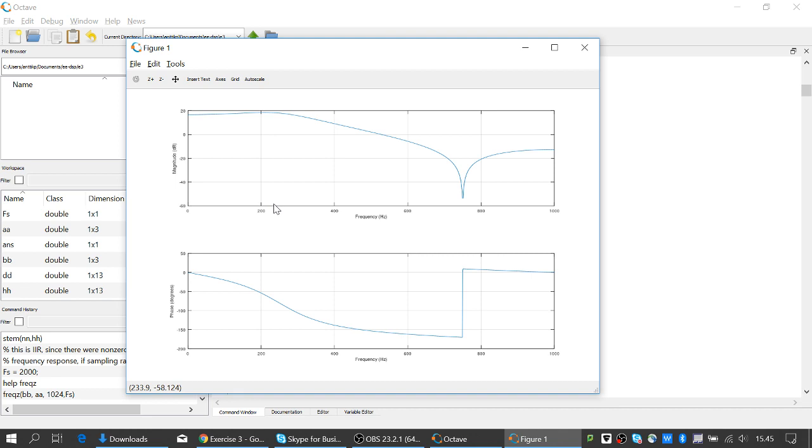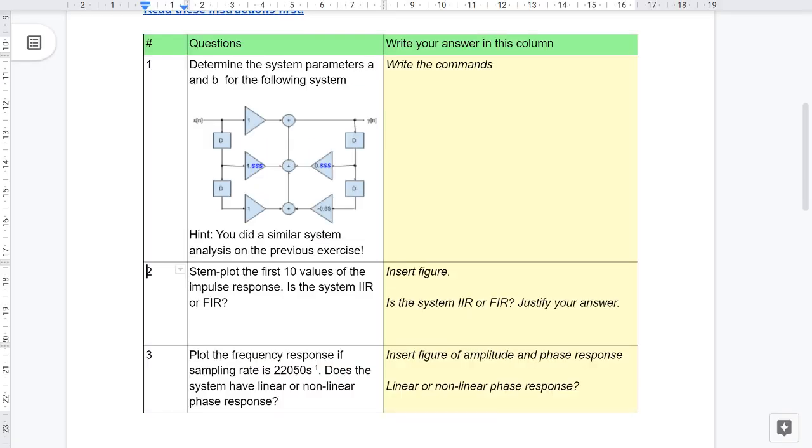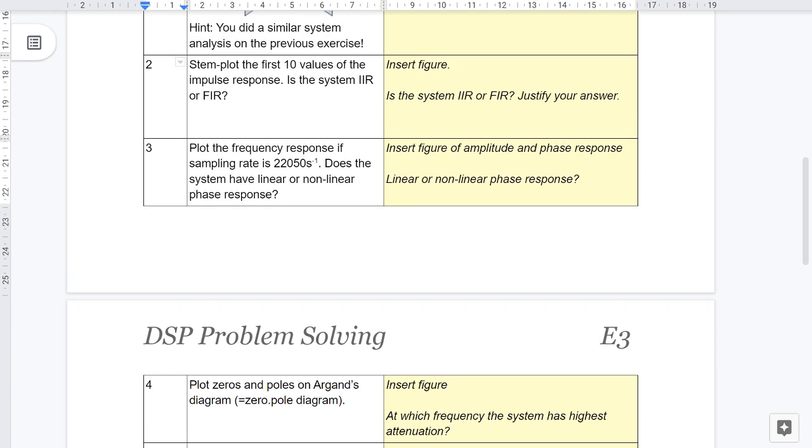Okay, so amplitude response is on top, and then the phase response is on the bottom, and we can clearly see this is not a linear phase response system. Linear would mean an exact line for the phase response. So does the system have linear or non-linear phase response? Yes, this is very non-linear phase response in my case.